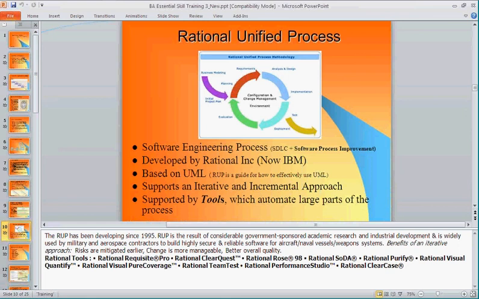Now, another thing that RUP or Rational suggested was the object-oriented approach.